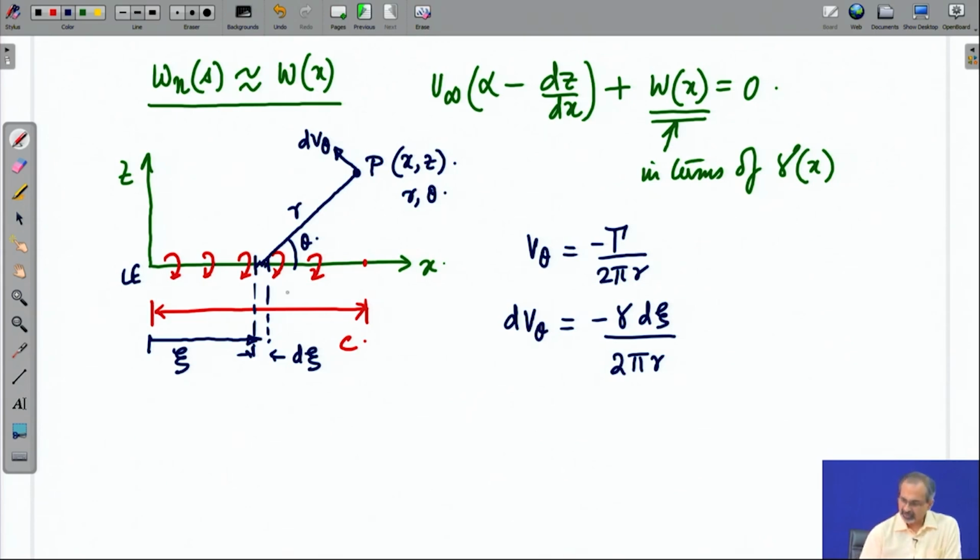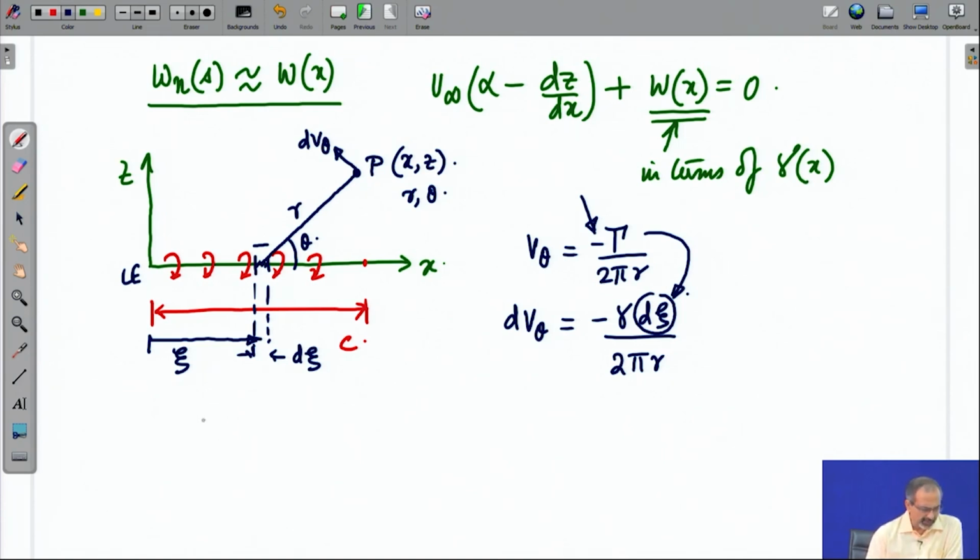So, the strength of gamma over that element times the length of the element gives the vorticity, and that replaces the gamma. And remember that v theta is positive when it is counterclockwise, while gamma is considered to be positive when it is clockwise. Therefore, a clockwise gamma will end up producing a clockwise v theta. Keep this in mind. That comes from the negative sign in this expression.